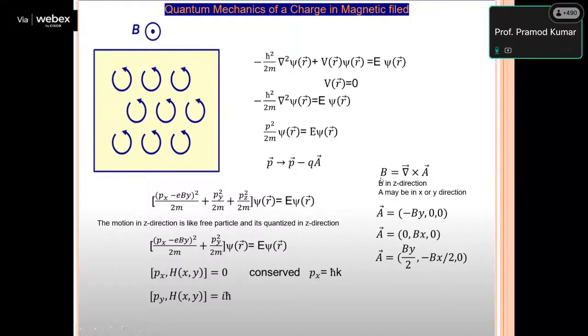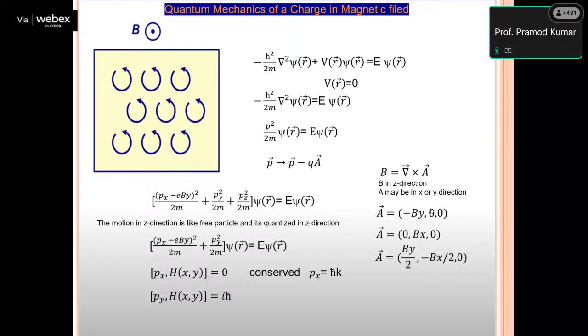Within the plane, we look at the magnetic field using the expression B equal to del cross A. The magnetic field along the z direction is uniform, but the vector potential A is not uniform. This is a very interesting phenomenon: the magnetic field is uniform, but the vector potential is not.